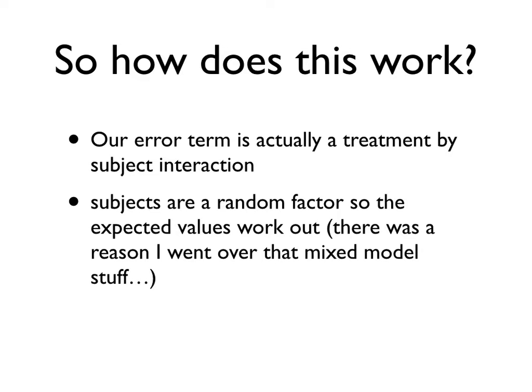And the expected value for subjects by treatment is going to be the interaction term. Oh, look, we can divide mean squared treatment by mean squared subjects by treatment. We can isolate that and get the tau effect. That's why I talked about that mixed model stuff the other day.